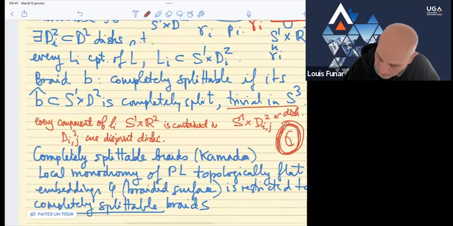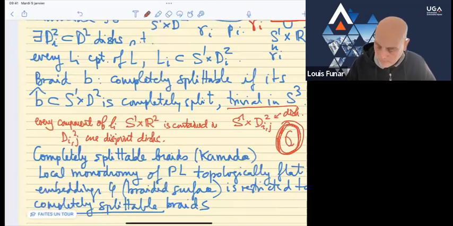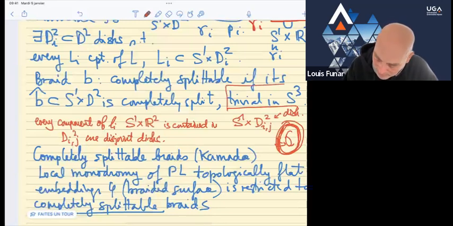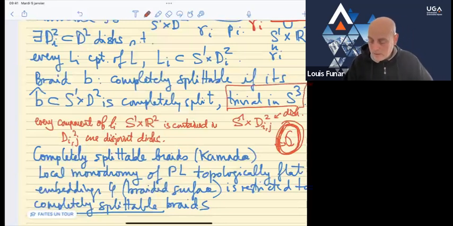So they are living in different parallel copies of this big solid torus. And the link, you can see it now. This is a solid torus, which is automatically embedded into S3, and the link there is trivial.